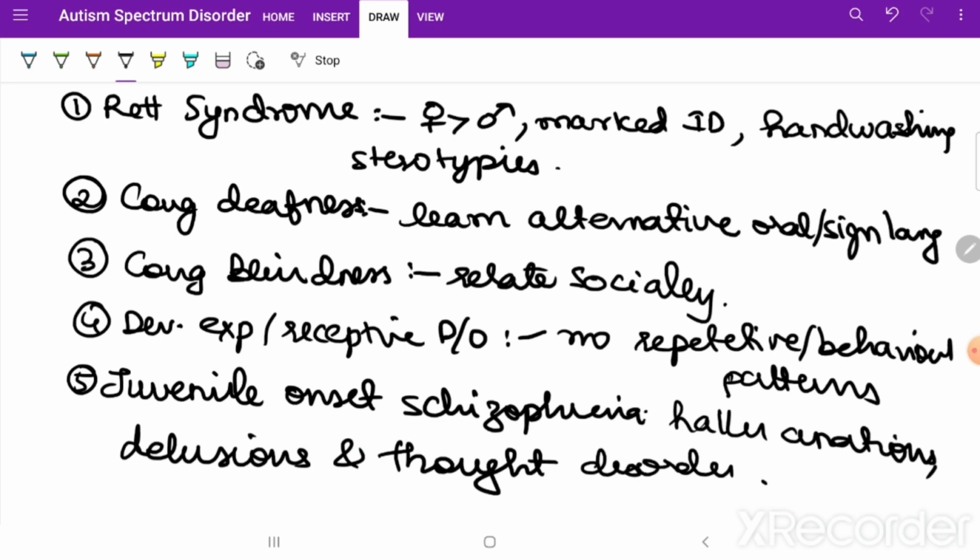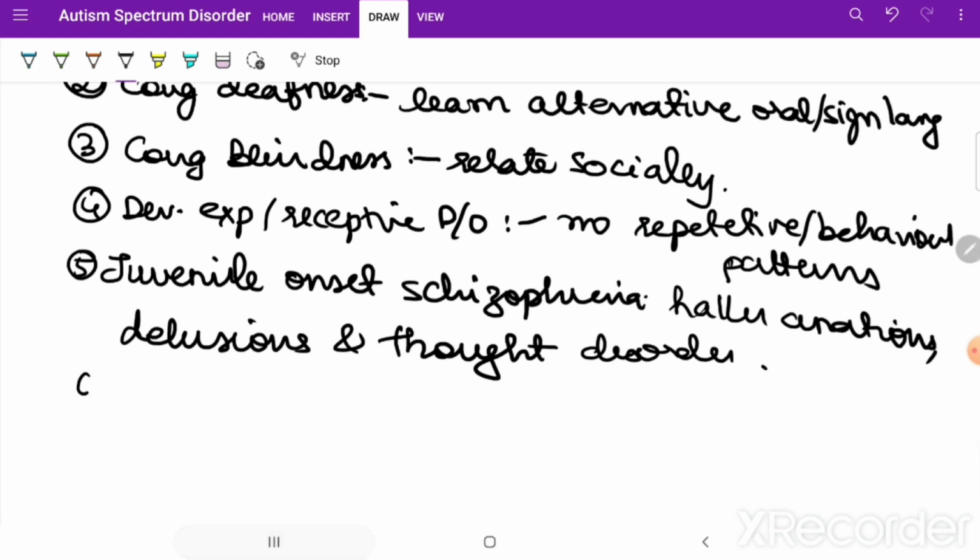Children with pure intellectual disability can also be taken as one differential diagnosis. But in this you need to know that they have global developmental delay, with fewer abnormalities related to their behavior, but a lot of problems with developmental delay.